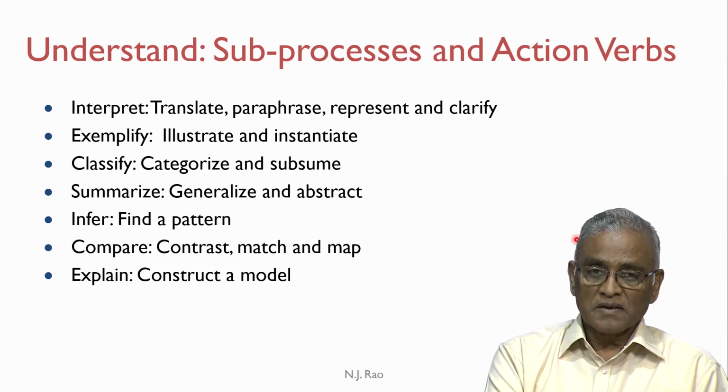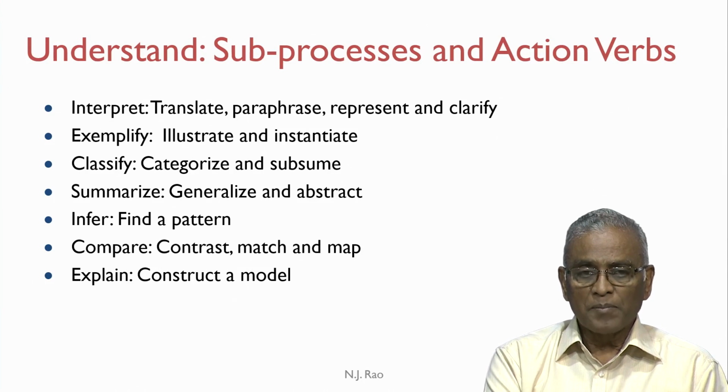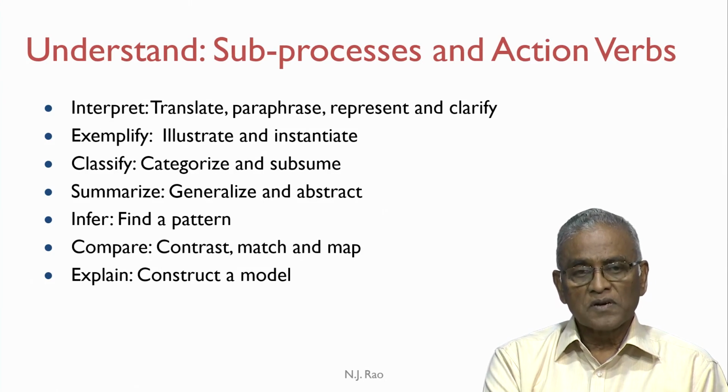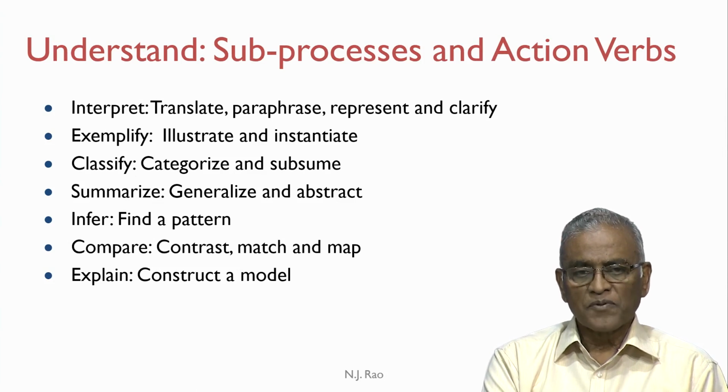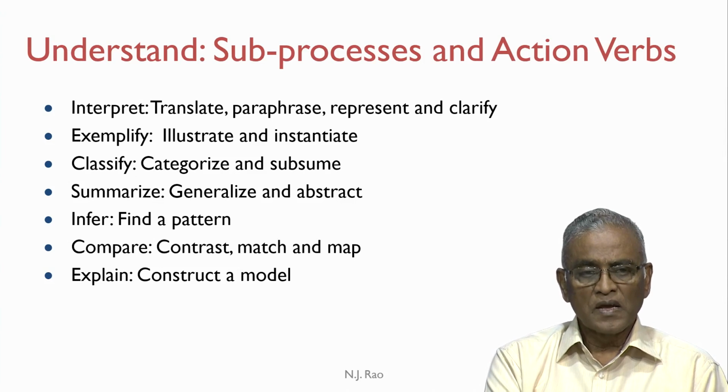Or you are comparing, contrasting, matching and mapping. You are comparing two different knowledge elements, and the purpose is only to compare the advantages and disadvantages of A and B, or in what way A differs from B. That is the type of questions that you would ask.